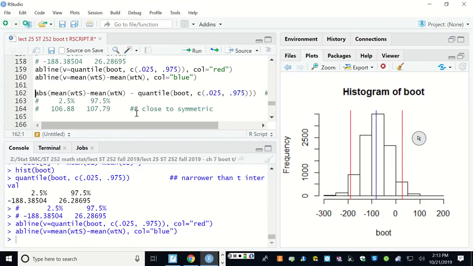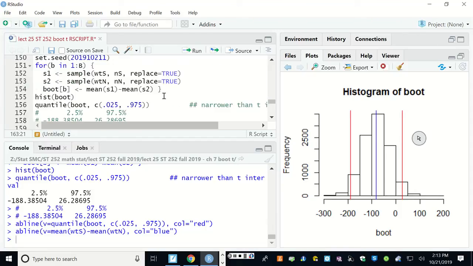It's quite similar. These intervals are a little narrower than the t intervals. So there's a caution about using bootstrap percentiles. It seems like a very fine idea, but they tend to produce intervals that empirically look a little bit smaller. Anyway, that's one interval.